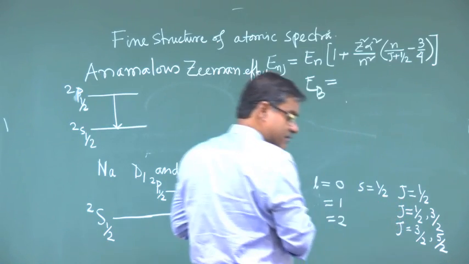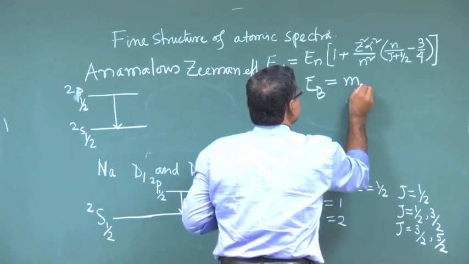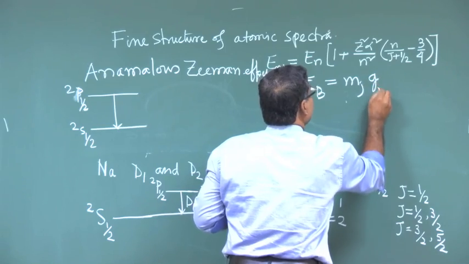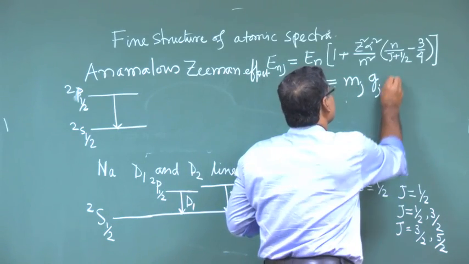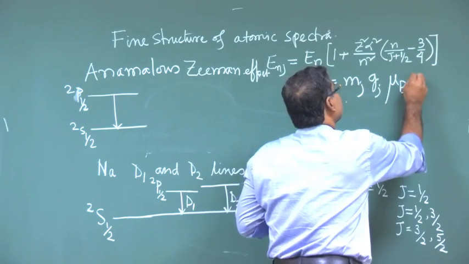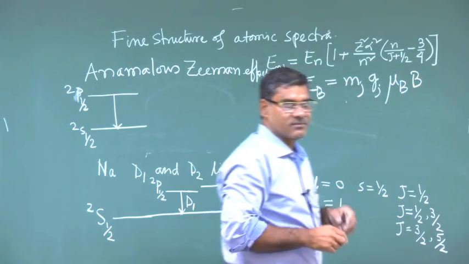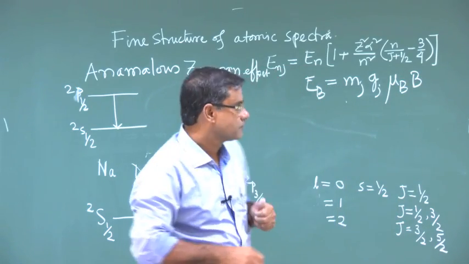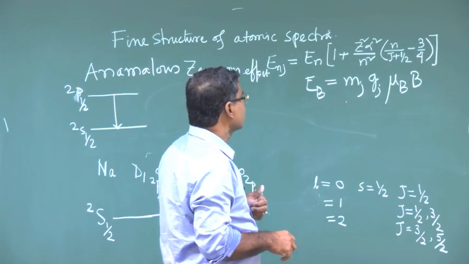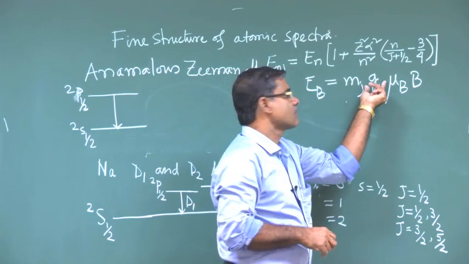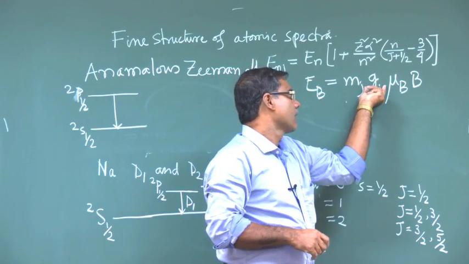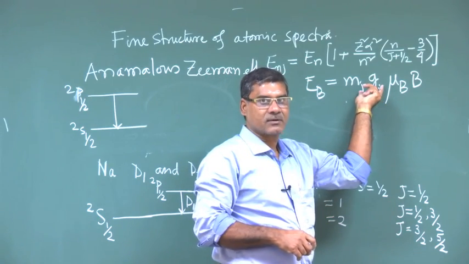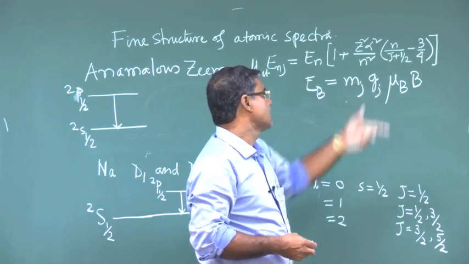That is mj gj mu B. Earlier we have seen in the case of ml or ms, for ml the gl value was 1, gs was 2, and now gj is a different value.